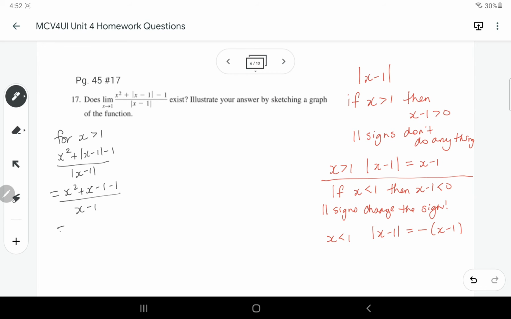Those absolute value signs were doing nothing. So then this would be x squared plus x minus 2 over x minus 1. And we can simplify this to x minus 1 times x plus 2 over x minus 1. So these will reduce and we just have x plus 2.